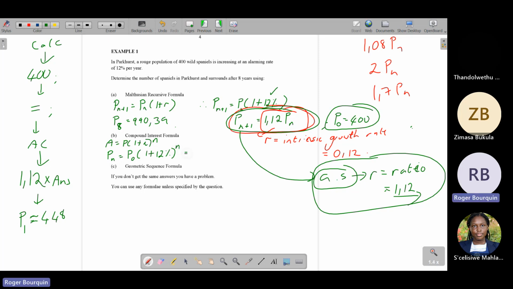So it's going to be P0 is 400, (1 plus 12%) to the 8. You get the same answer, right?